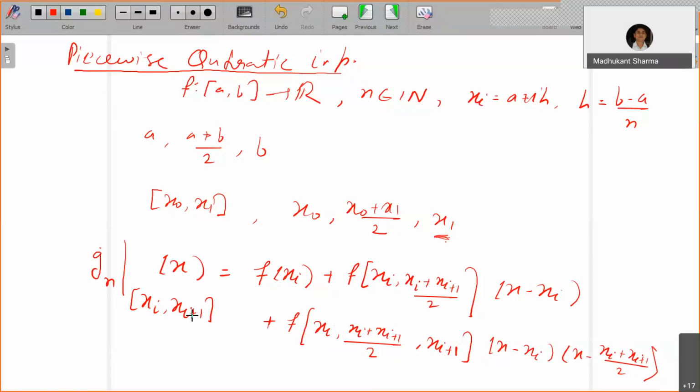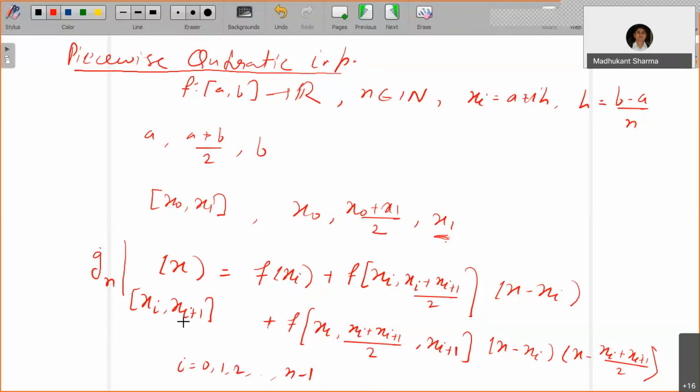So you are using the similar concept that we have done for Newton's interpolating polynomial. These divided differences can be obtained from the table, like we have done for the previous example. Here i runs from 0, 1, 2, and so on till n minus 1, because we have i plus 1 here.